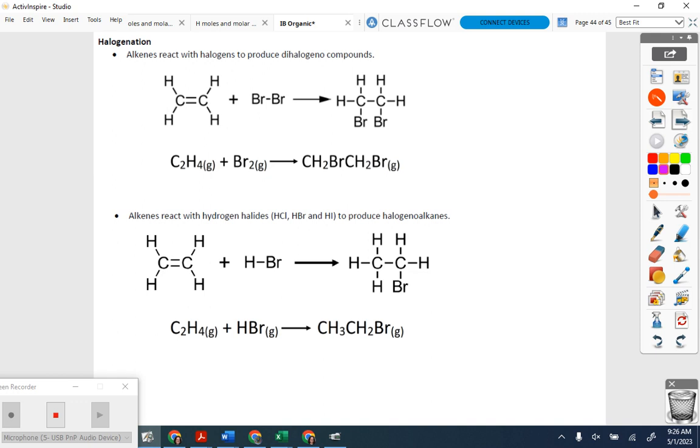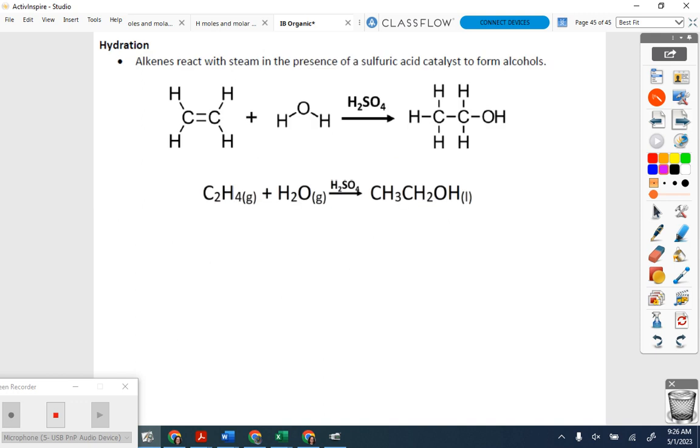So basically, we're just taking out that double bond and replacing it with 2 other bonds to make an alkane that has either hydrogen or halogens or one of each in lieu of the double bond. They can also make alcohols if they are reacting with water.